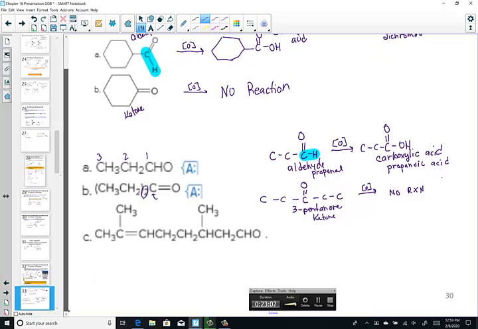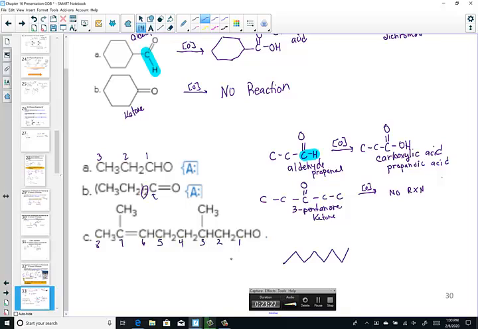And in letter C, 1, 2, 3, 4, 5, 6, 7, 8 carbons long.